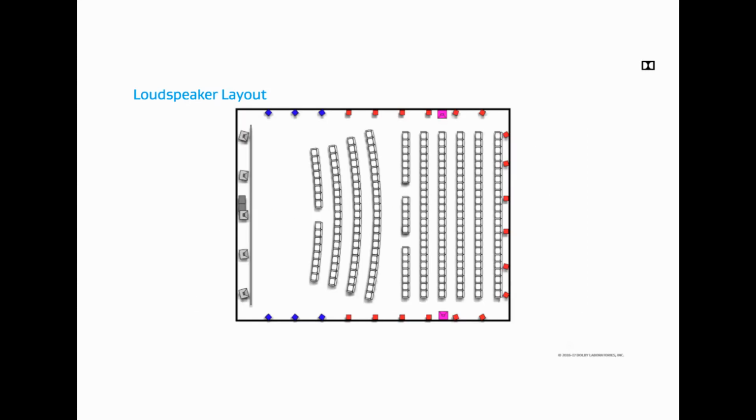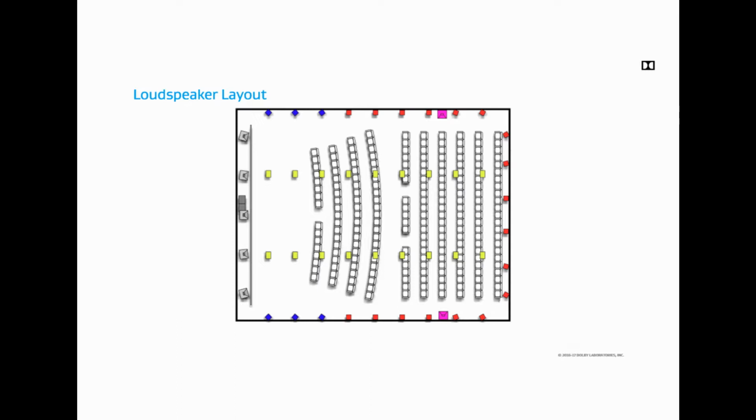This is just an overhead view showing rear subs. The purple is the addition of the front speakers, and the other thing that was added was height arrays and height speakers. In the cinema, we add 2 height arrays, which you can see there as the yellow speakers.